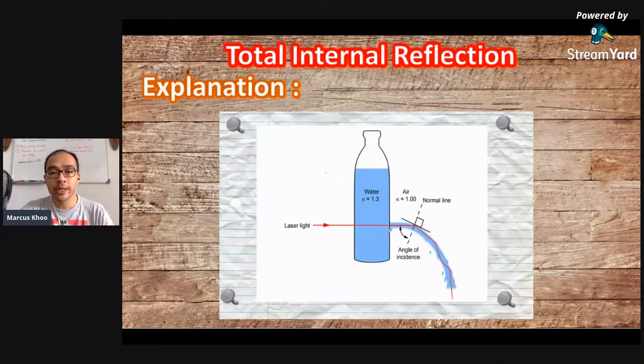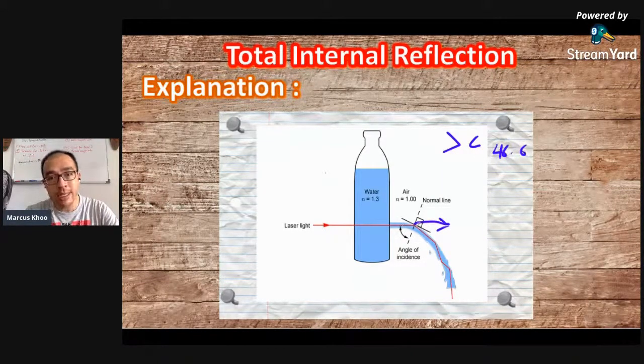Okay, but if you think about it, it's like this. So when the light travels through the water over here, and of course this is the water stream, right? So according to our understanding, when the light hits the boundary of the water and air, it's supposed to be refracted. We know this, but because it is hitting the boundary at an angle that is bigger than the critical angle of water, the critical angle of water is 46.6. That means this angle is bigger than 46.6.